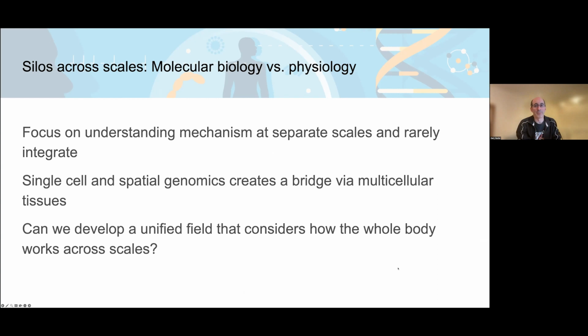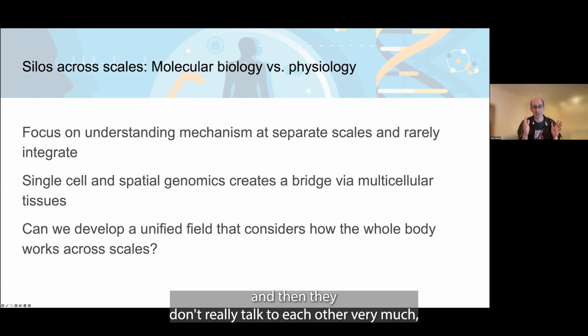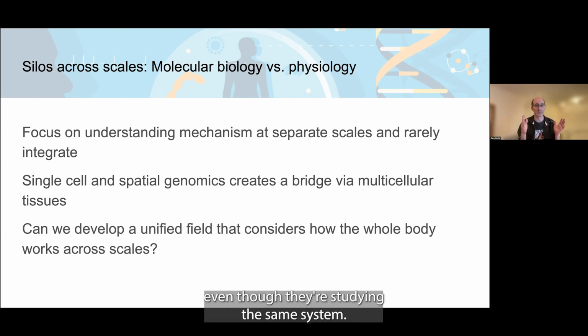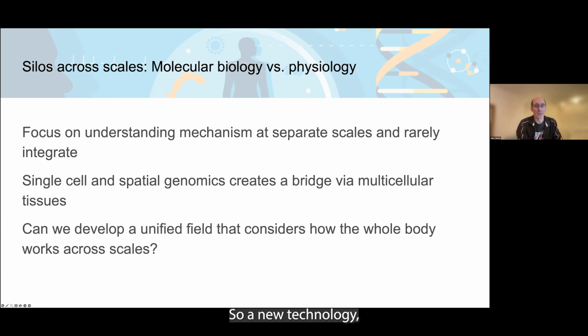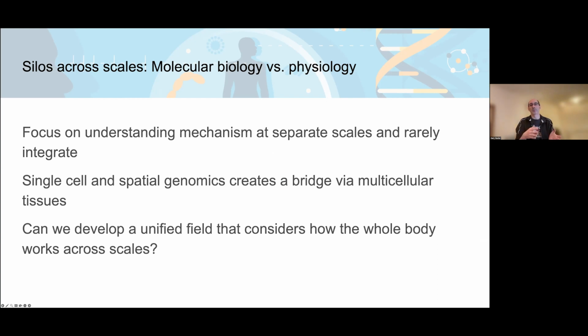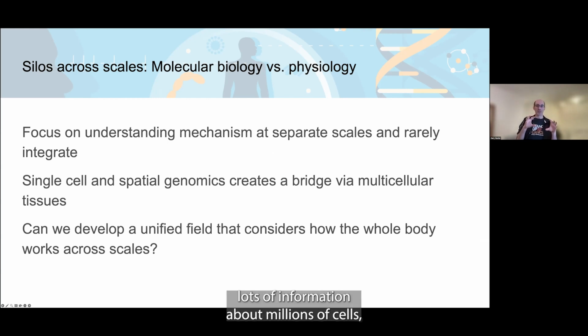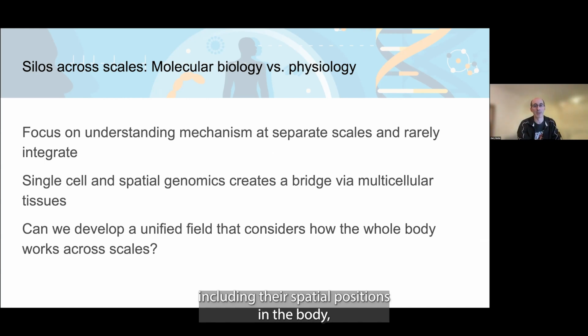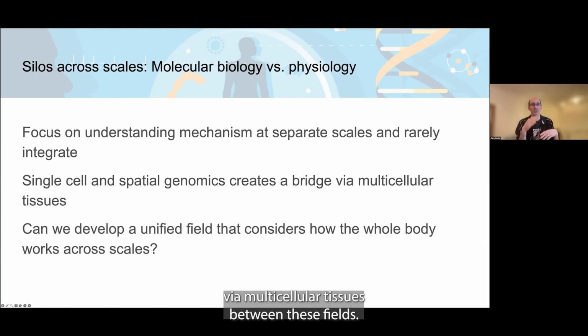And they don't really talk to each other very much, even though they're studying the same system. New technologies such as single cell and spatial genomics, which provide a way of measuring lots of information about millions of cells, including their spatial positions in the body, have created an interesting opportunity to create a bridge via multicellular tissues between these fields.